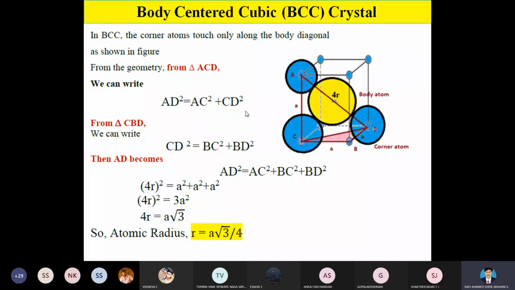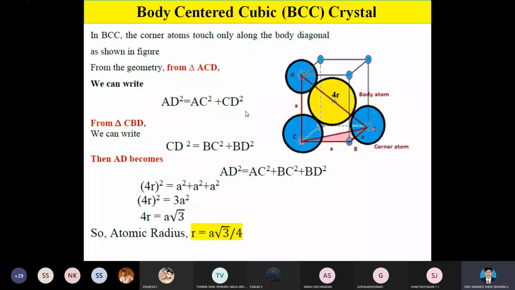For the coordination number in BCC, which atom is considered as the reference atom? Body-centered atom. Yes, the body-centered atom is located at the center of the body. In addition to the body atom, we have only 8 corner atoms. That's why we write that the coordination number is equal to 8.